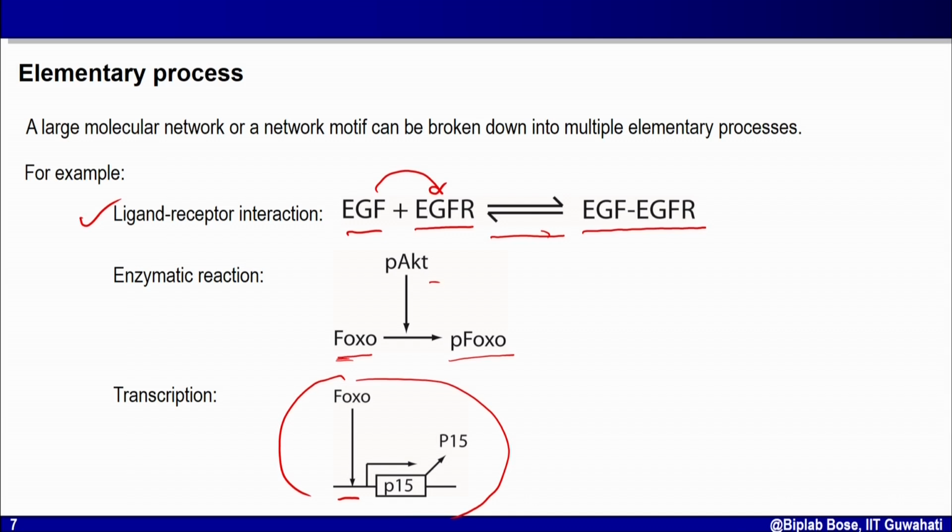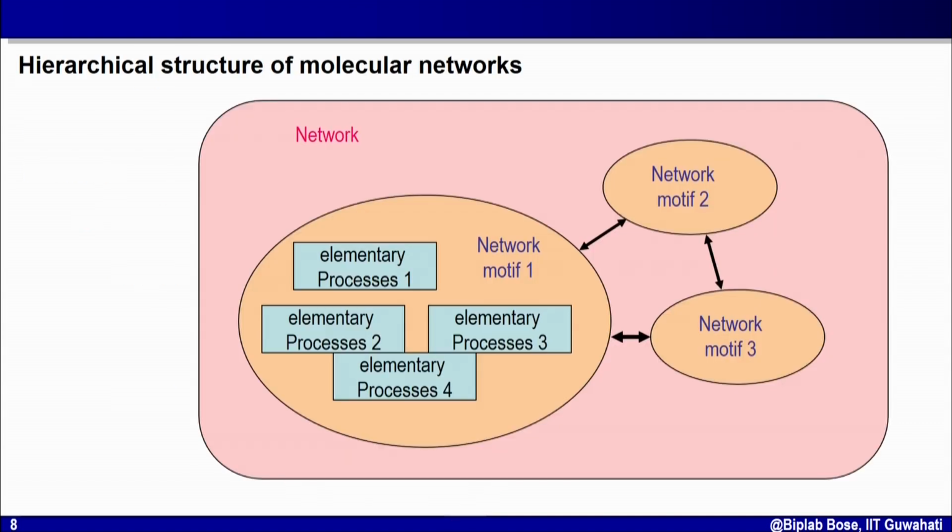Now, a large network can be broken down into sub-network motifs, and each of these network motifs can be again broken down into this type of elementary processes. So if you look into the hierarchical structure, what do I see? At the lowest level, there are certain elementary processes. For example, ligand receptor binding, enzymatic reaction, production of molecules, degradation of molecules, enzymatic control of production of molecules, transcription, translation, something like that.